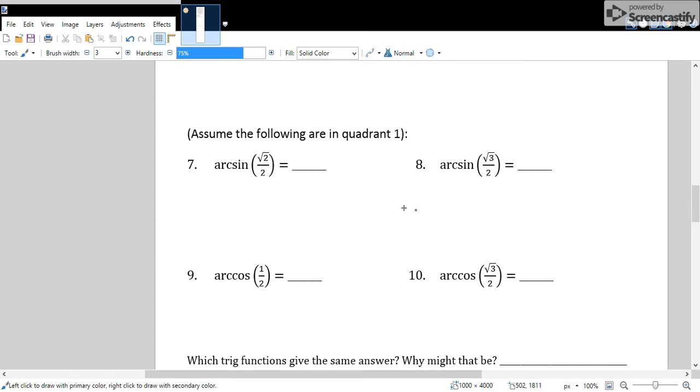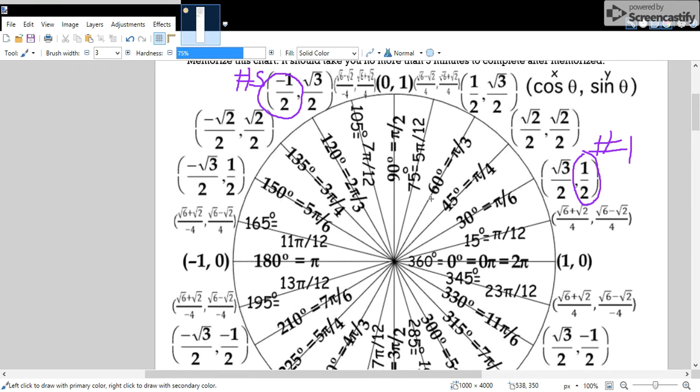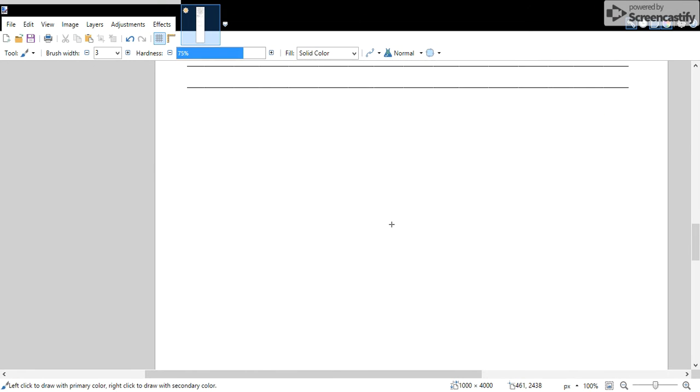Now when you get to number 7, we have something called arc sine and arc cosine. Those are inverse trig functions. No, they're not reciprocal inverses, but the kind of inverse they are is instead of giving you the degree inside the sine and cosine, they give you the coordinate point. So our answer is going to be a degree instead.